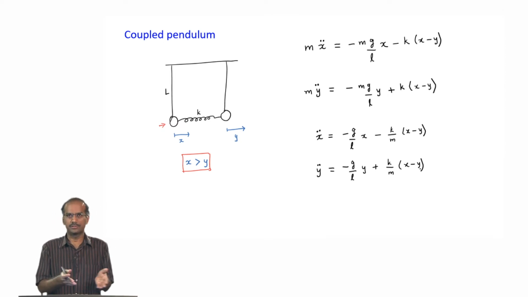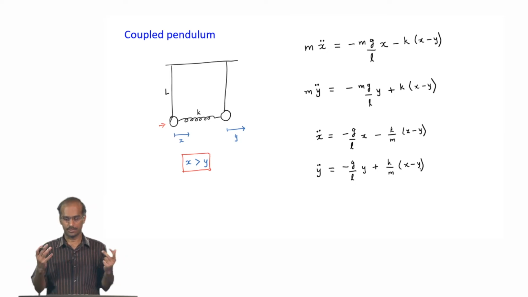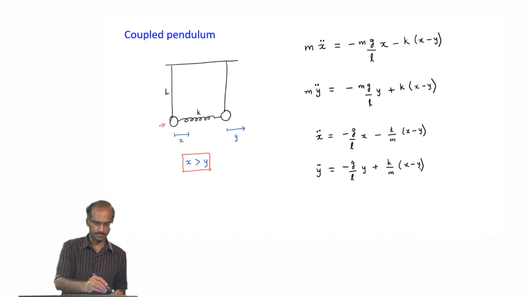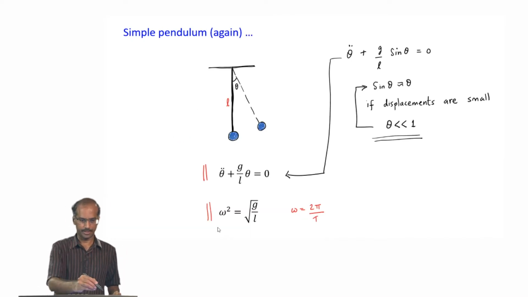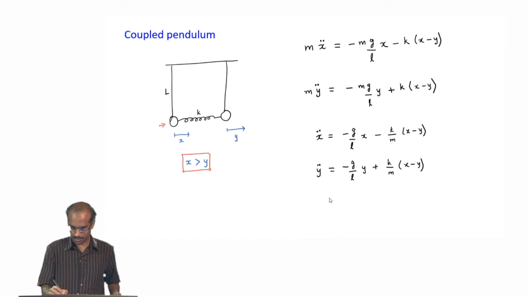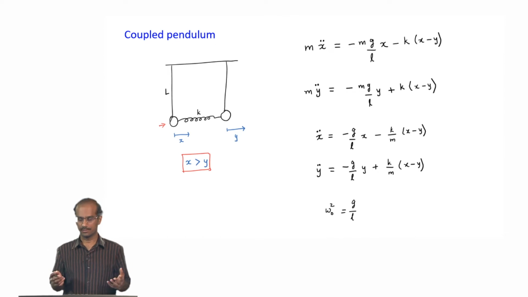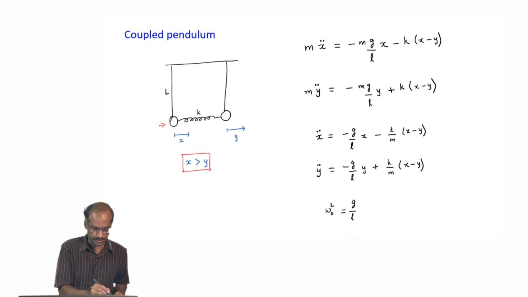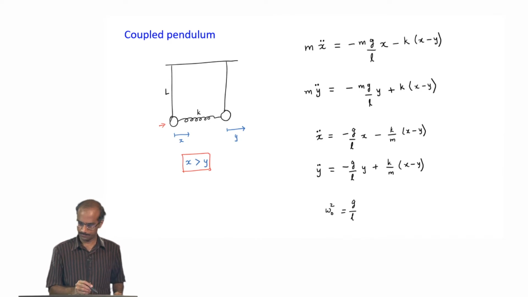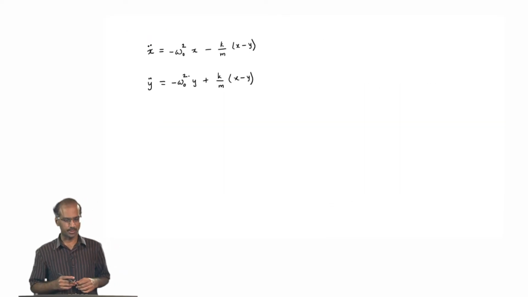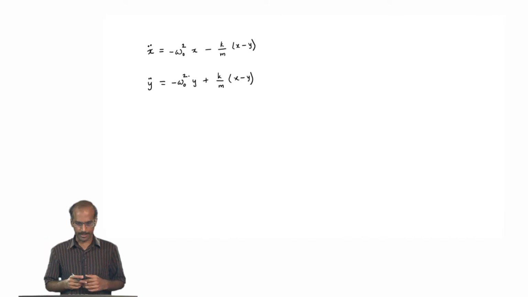Since each of them is a pendulum, the main oscillating object, and we know that for a single pendulum this is omega square, I am going to call the quantity g by L as omega 0 square, in some sense the natural frequency of a simple single pendulum. With all this we can rewrite the equations as follows. I have just substituted omega 0 square for g by L.